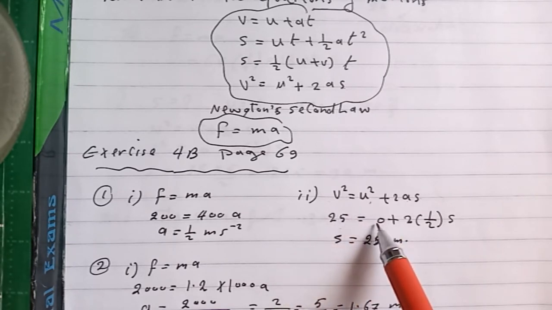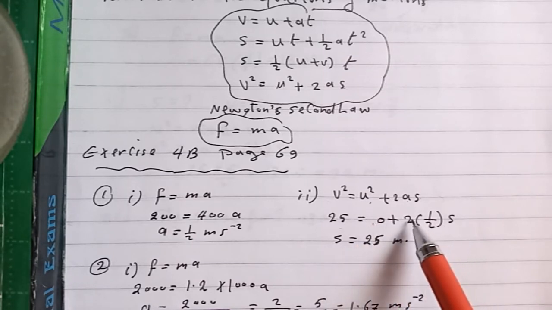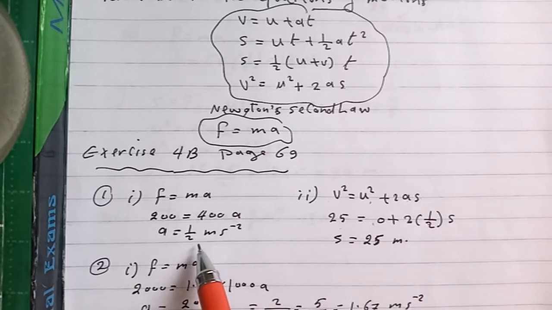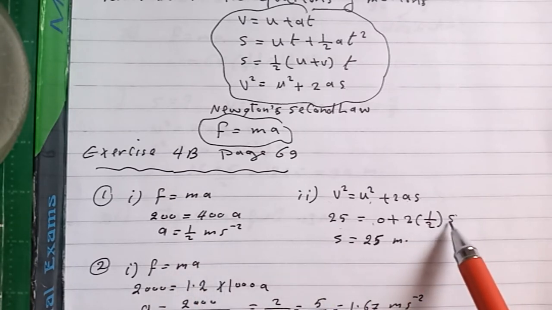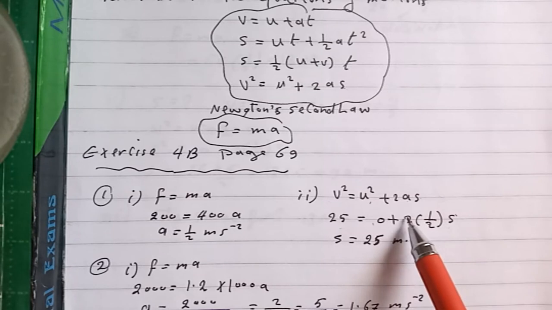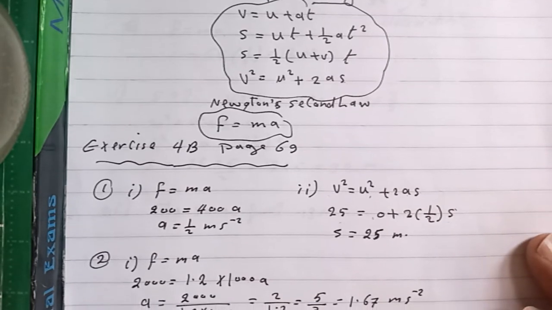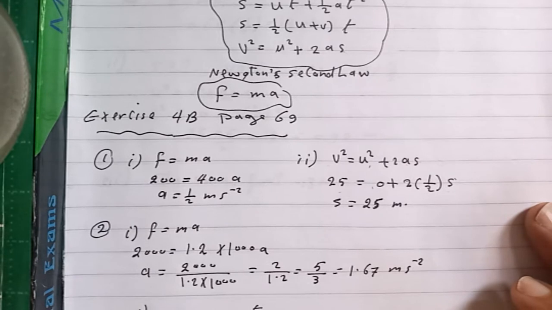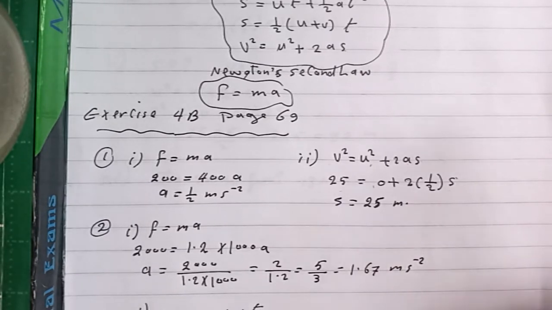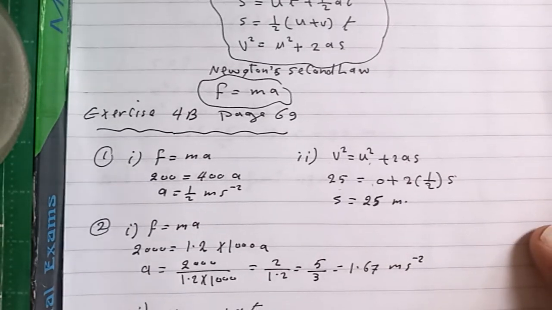And U is 0, he started from rest. 2 is a constant. A is half, we got it from here. Half times 2 equals 1, so S equals 25. The distance he travels until he reaches the velocity of 5 is 25 meters.